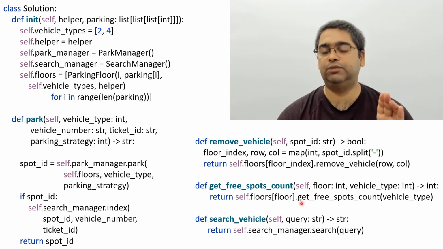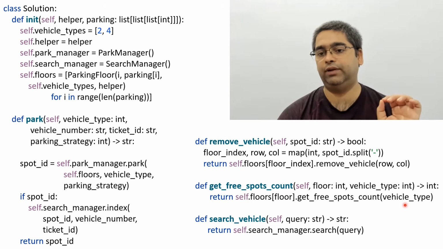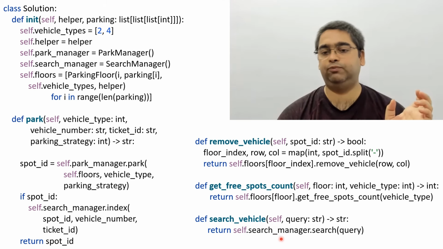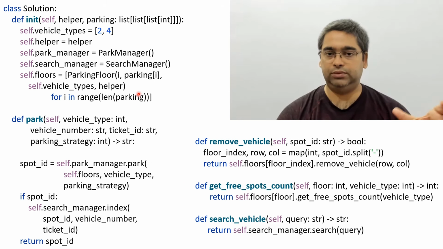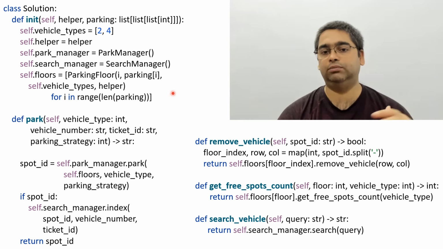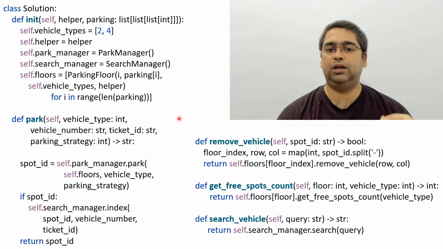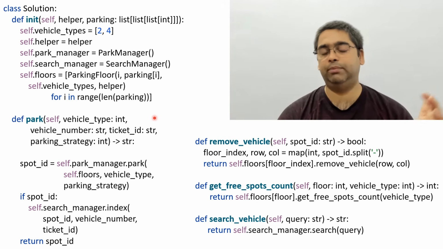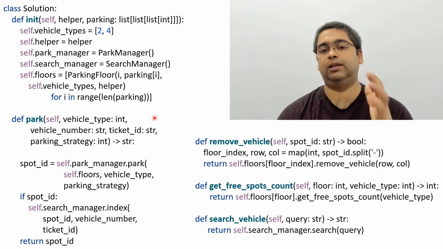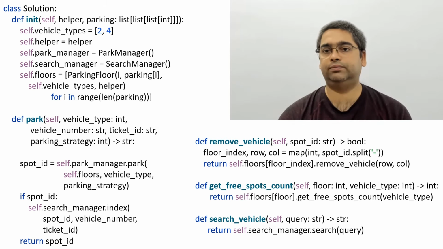For fetching the free spots count for that floor, it again has the floor object and calls the free spots count there for the given vehicle type. For searching a vehicle, it simply forwards the query to the search manager, which returns the result. So this is the class which will be called by the different test cases. You have to implement the methods in this class only, so that you can run tests.